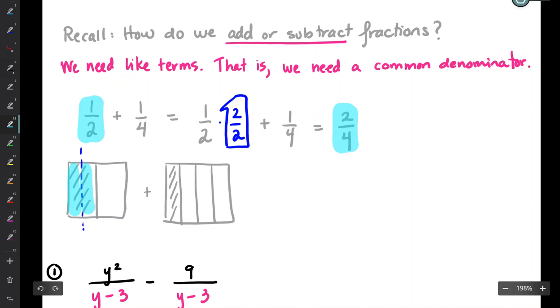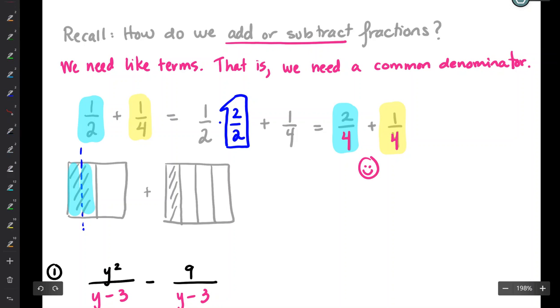And now I can add 2/4 to 1/4, because I have a common denominator.